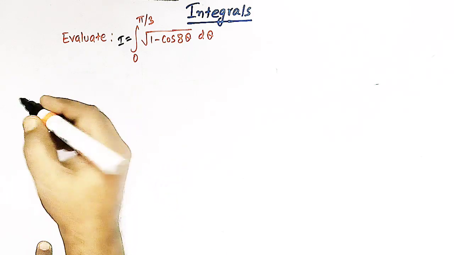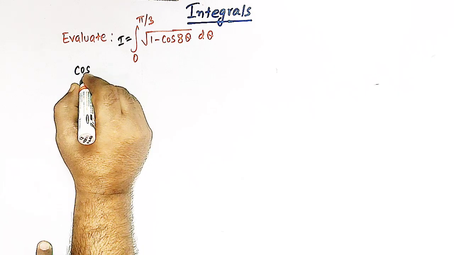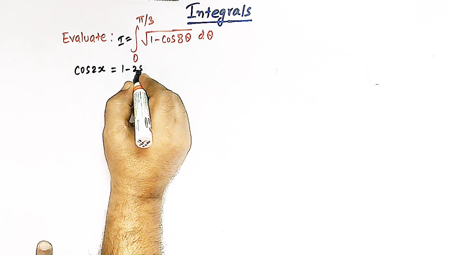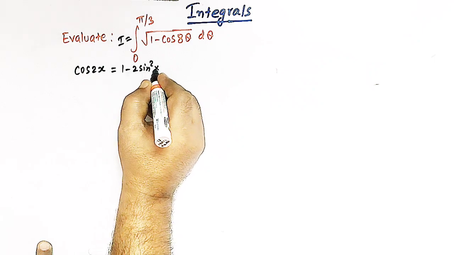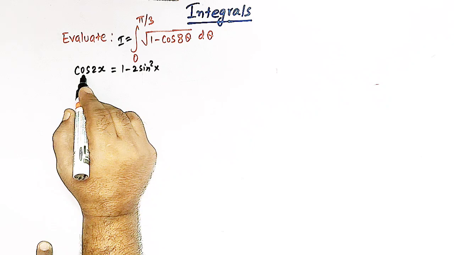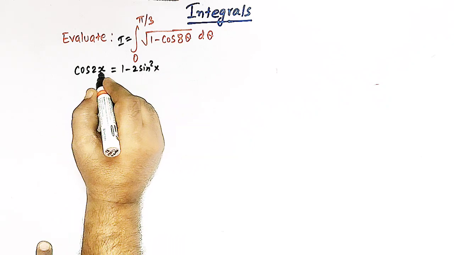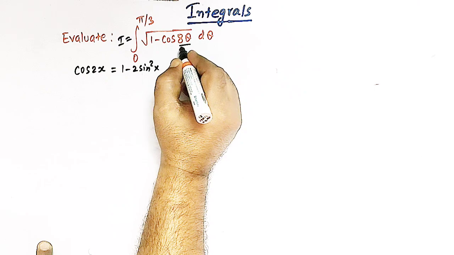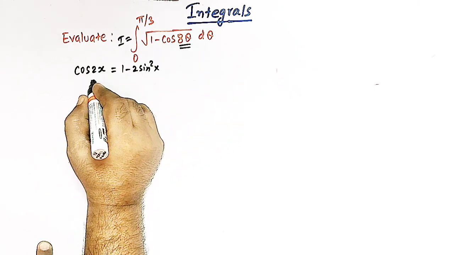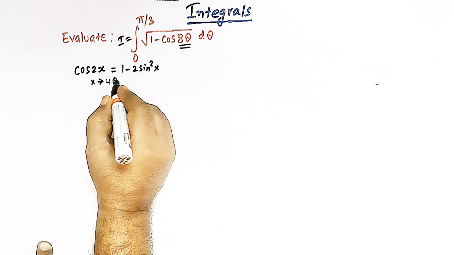Now see, from the double angle formula, we know that cos of 2x is given by 1 minus 2 sine square x. So this is the double angle formula for cosine function in terms of sine function. Now here we have cos of 8 theta, so we will replace x by 4 theta.